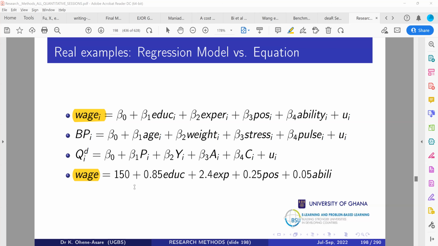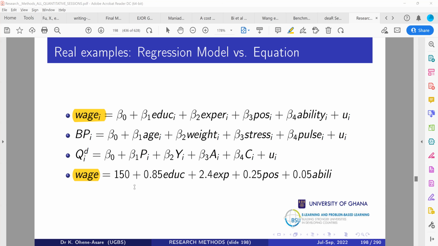Okay, thank you. The first is that the coefficients of the regression model, the one at the top, are not stated, like they are not given in their numerical values.